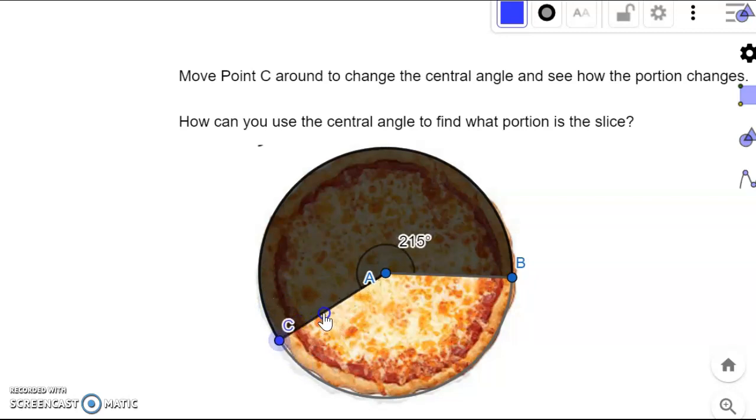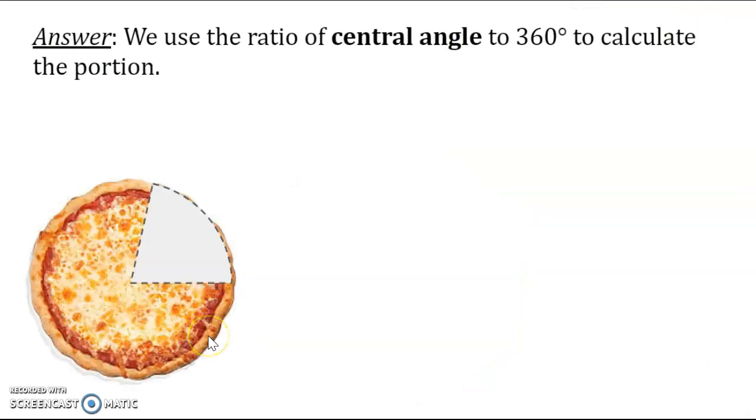So the angle measure at the center is a really good way for us to tell what portion of the whole pizza we are dealing with. We use the ratio of the central angle to 360 degrees to calculate the portion.